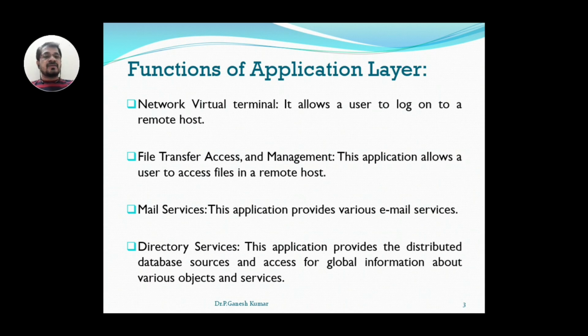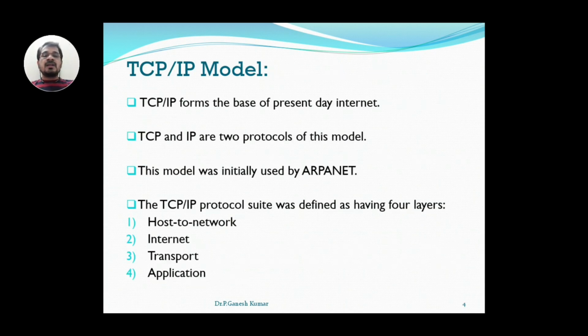So that is the directory services. Now this TCP/IP model forms the base for the present-day internet. Whatever we are right now using on the internet follows the TCP/IP protocol suite model. TCP and IP are the two major protocols of this model, because TCP/IP supports both wired as well as wireless communication.